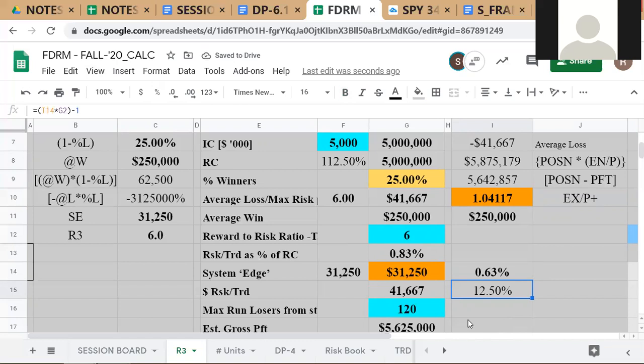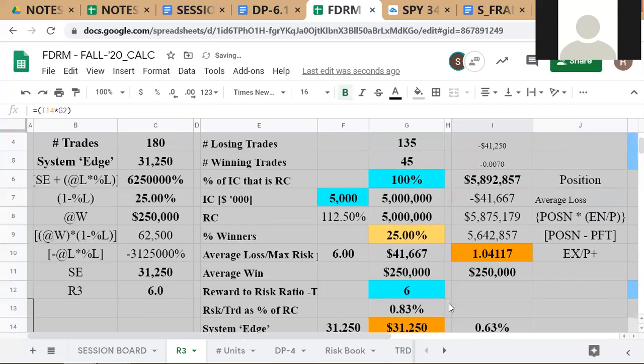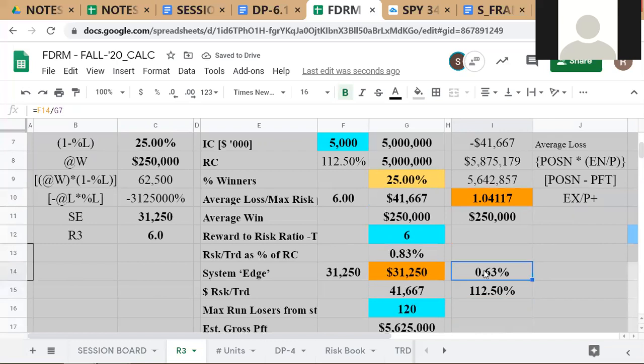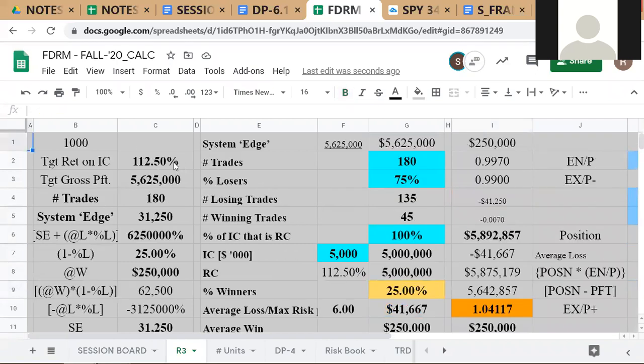I've deducted one here; we don't need to deduct 1 in this case. This is 112.5. Let's look at the equivalence. All I'm doing is this is per trade. On an average trade, this system generates a return of this percentage of the IC. So when you do 180 trades, 180 times this gives you 112.5%, which is basically what this system has generated as a total return on IC.